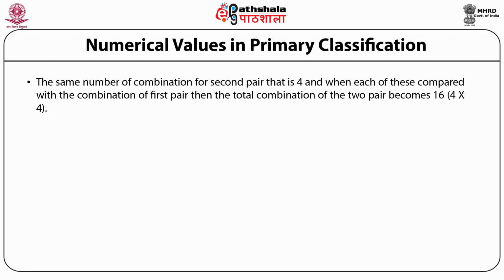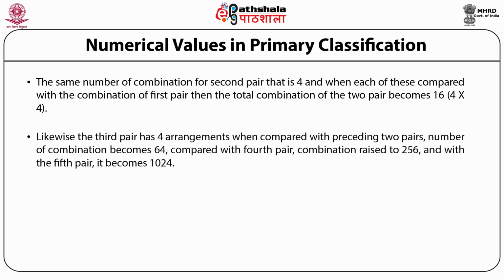each of these compared with the combination of first pair, then the total combination of the two pair becomes 16. Likewise, the third pair has 4 arrangement when compared with preceding two pairs. Number of combinations becomes 64.